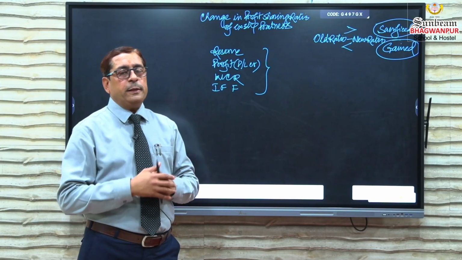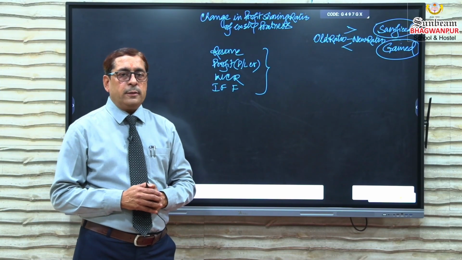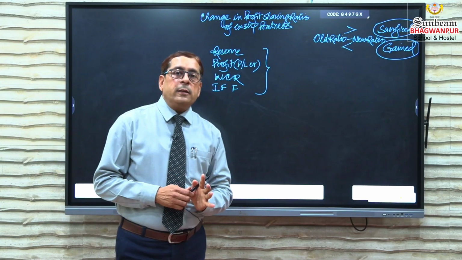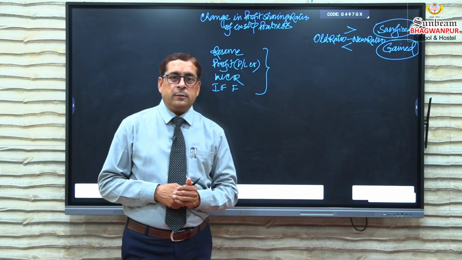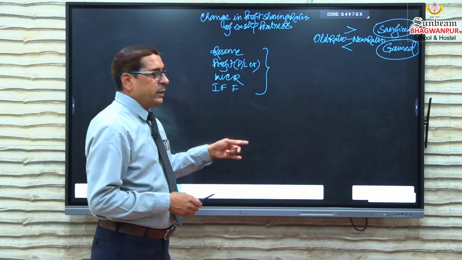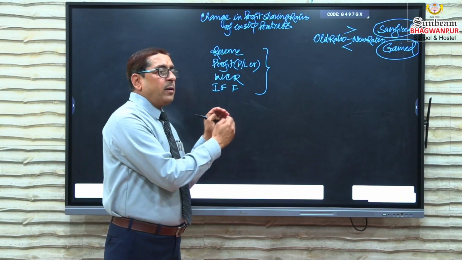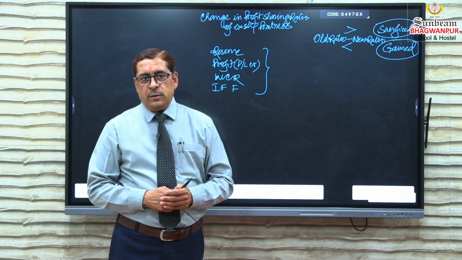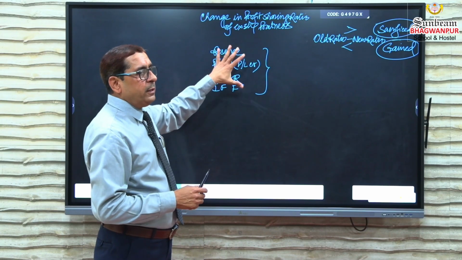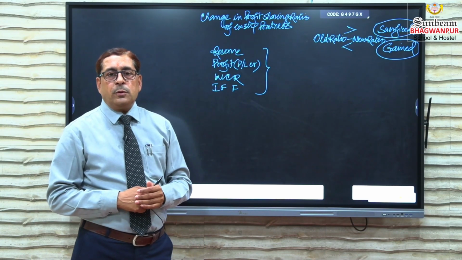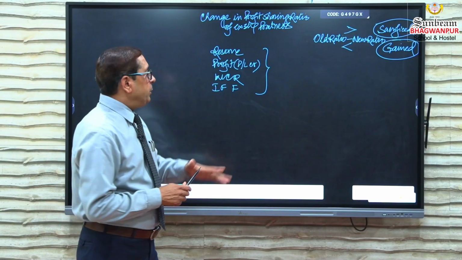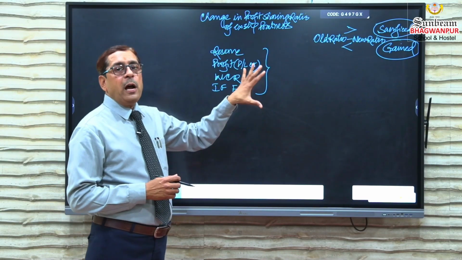This is one treatment. But if partners decide not to distribute this, they want to leave these items untouched, they do not want to disturb these items, then what to do? These items are to be adjusted.